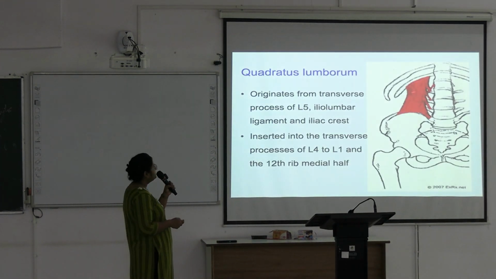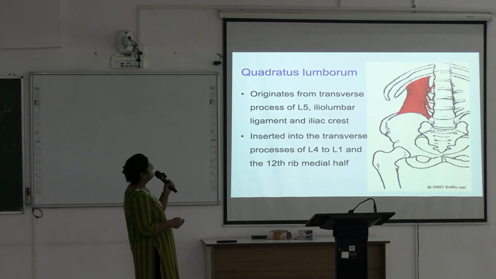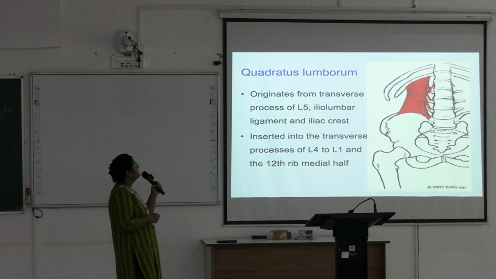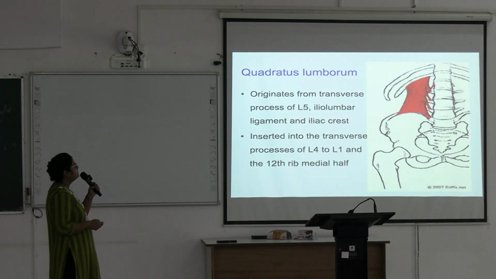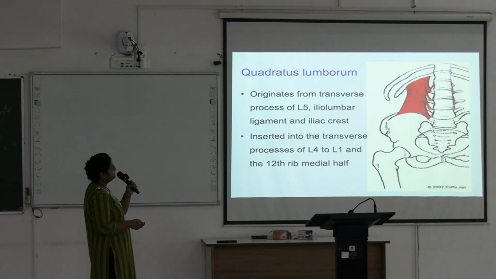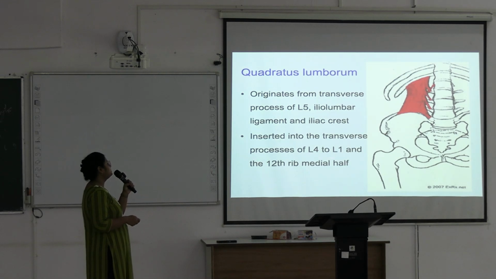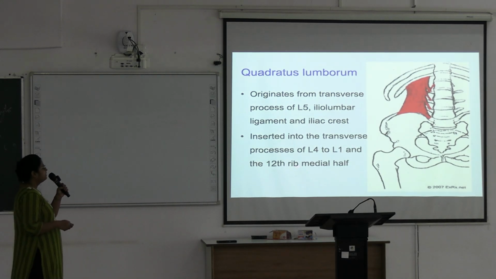Next, see here this quadrangular muscle. This is quadratus lumborum, originates from the transverse process of L5, iliolumbar ligament and iliac crest here. Transverse process of L5, iliolumbar ligament and the iliac crest are inserted into the transverse process of L4 to L1 and 12th rib medial half.